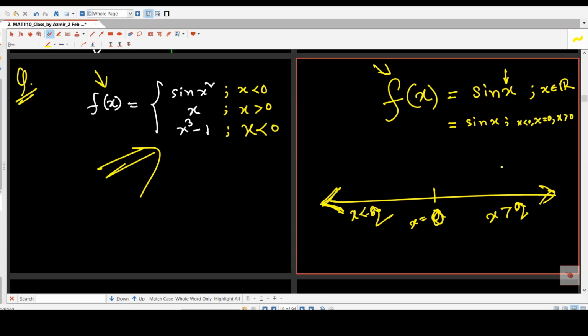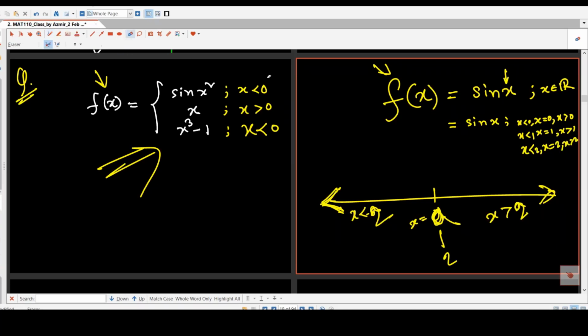That means anything we can input. We can think about another value, x equals 1, x greater than 1, x less than 1. If this a is 1, we can also think about, let's say, a is 2, that means x less than 2, x equals 2, x greater than 2.